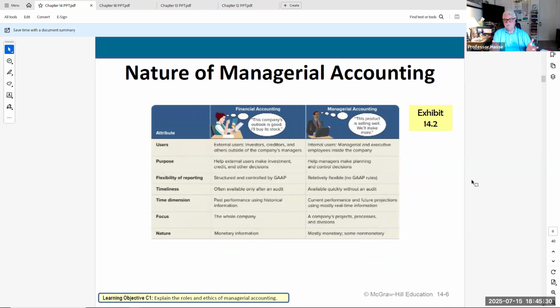We're preparing financial information for our investors, for our bankers, our creditors, for the government, for the SEC. External people read our financials. Managerial accounting is for internal uses, managers, department heads, internal review of the accounting information. That's the difference between financial and managerial accounting.